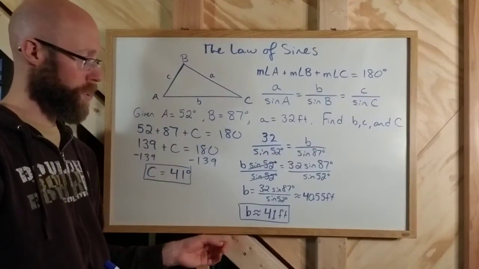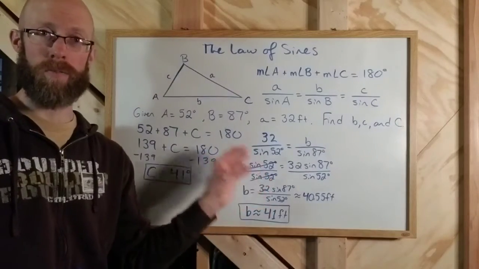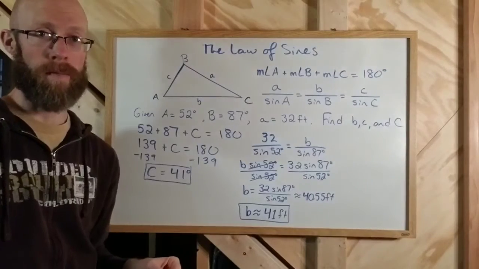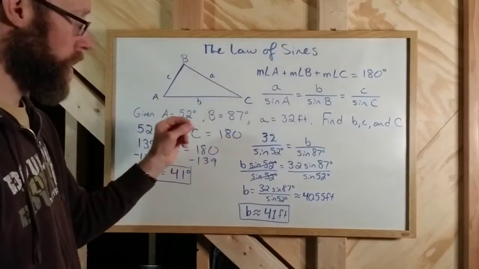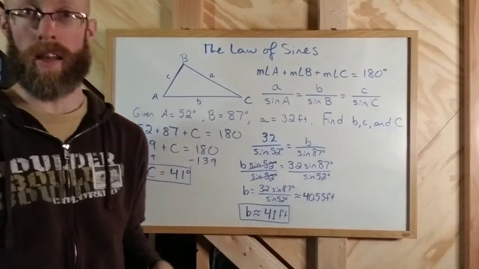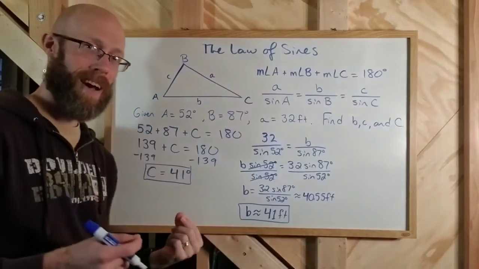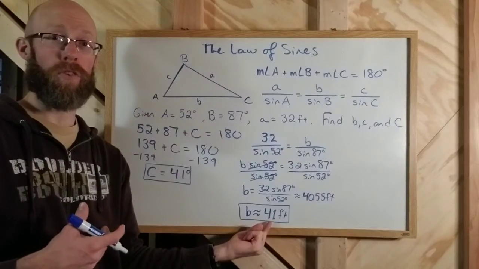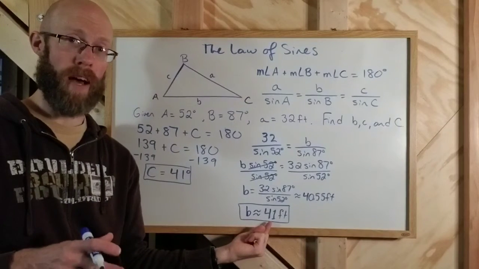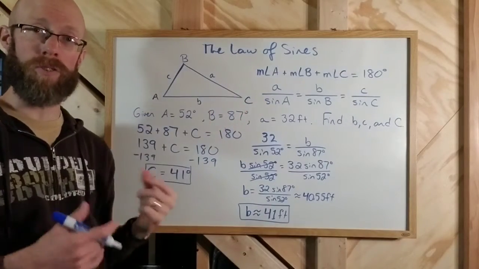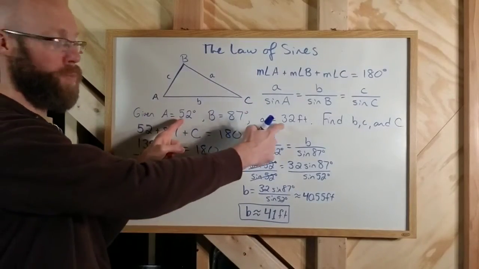Now, we're going to use the same process with the law of sines to find side c. Okay. Now, you could do b's and c's or a's and c's together. It doesn't matter, except that we rounded to find b. I would prefer to not use any rounded values, so I'm going to go back to the original a's because those were given and not rounded.